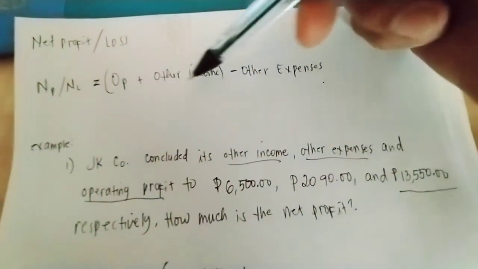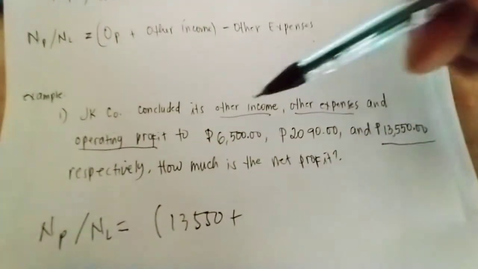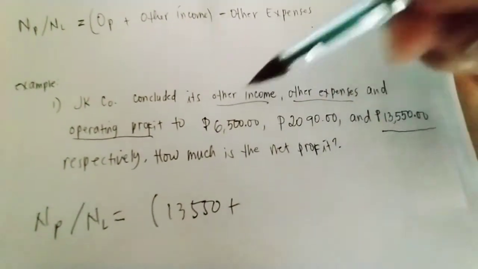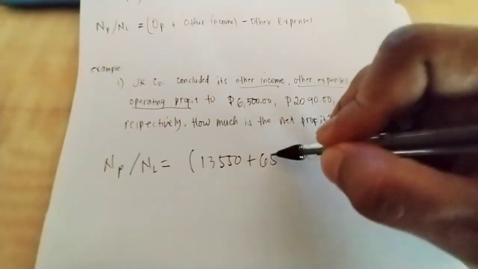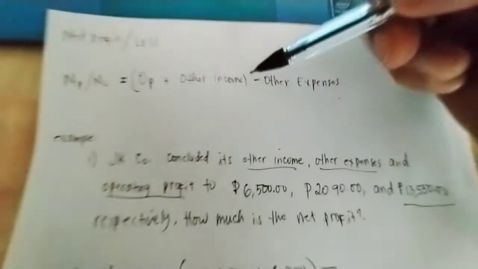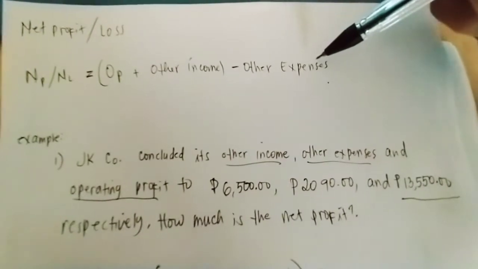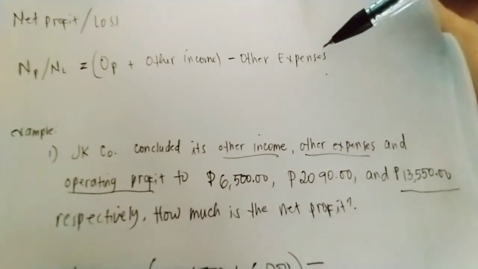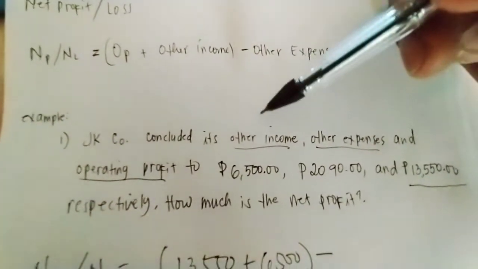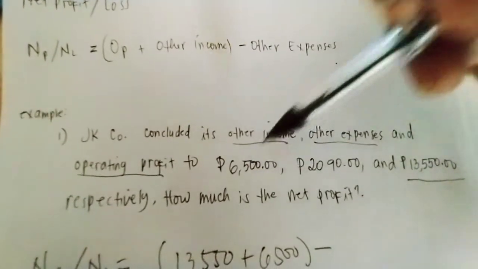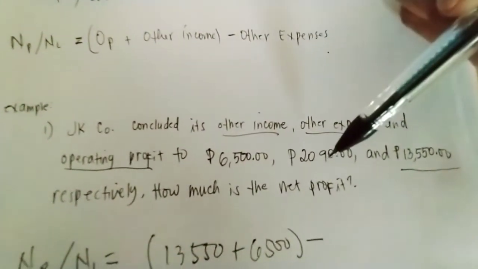13,550 plus other income. Ito yung una, 6,500. Ay, wait lang. Other income is, tama yung nauna, 6,500. Minus other expenses, 2,090.